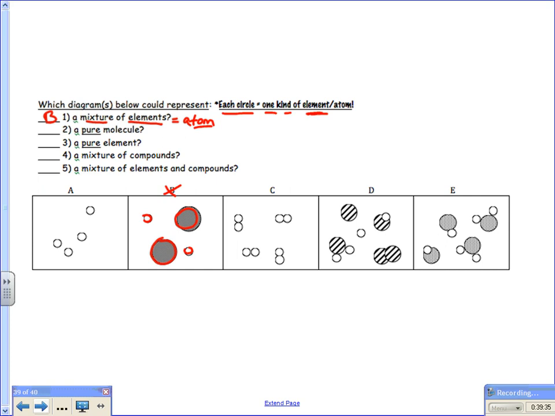That can be the same element, atom to atom, like you see here. Okay, so that's one compound. This is a second compound. This is a third one, but you know what? The color of that circle tells you they're all the same. So this, C, is your pure molecule.